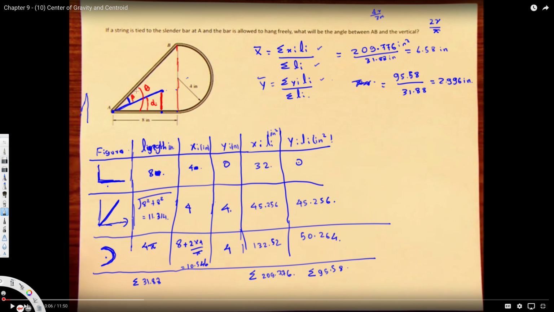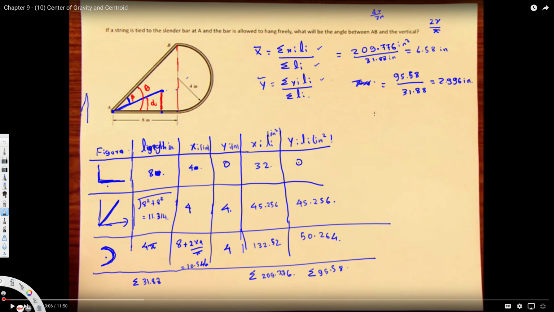We can calculate theta by using these two sides. We know this radius is 4 inches, therefore the diameter is 8 inch, and also we know the distance of this triangle is 8 inch, so 8, 8.